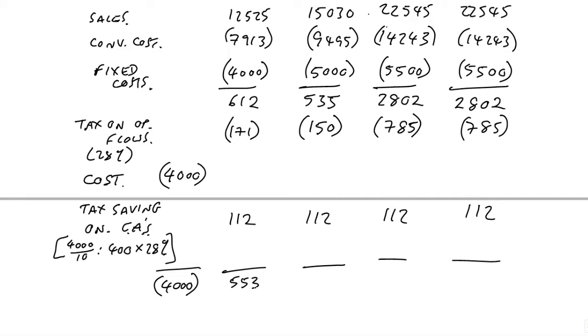At time 2, 535 minus 150 plus 112 is 497. Time 3, 2802 minus 785 plus 112. Can't be right. Oh yes, it is 2129. And of course, the same at time 4. So there's the net cash flow.